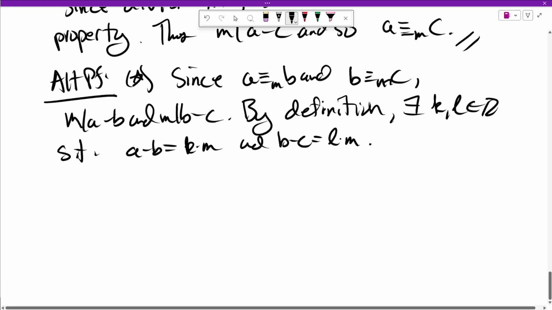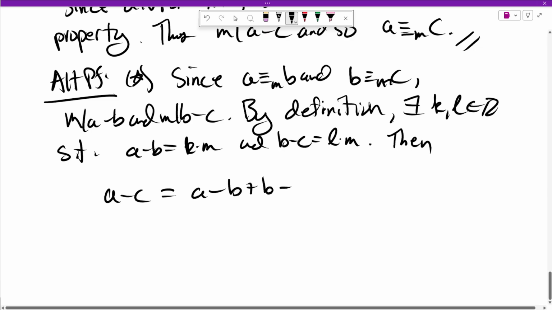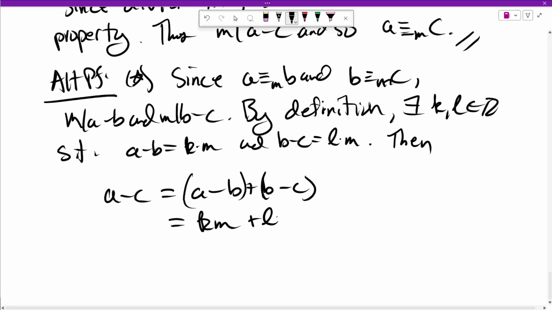Okay, so we've used the definition of divisibility. Then a minus c itself is, we can insert a plus and minus b here, and then cleverly associate. a minus b is km, b minus c is lm, so we get (k plus l) times m.